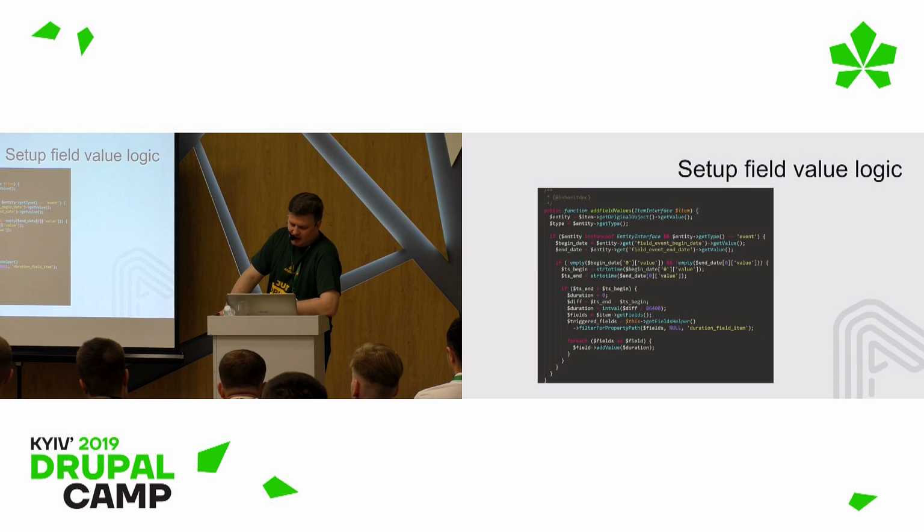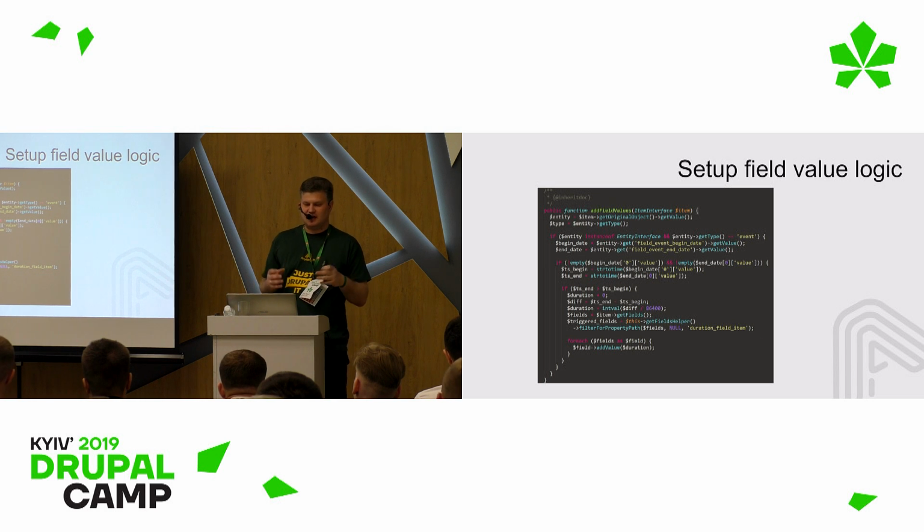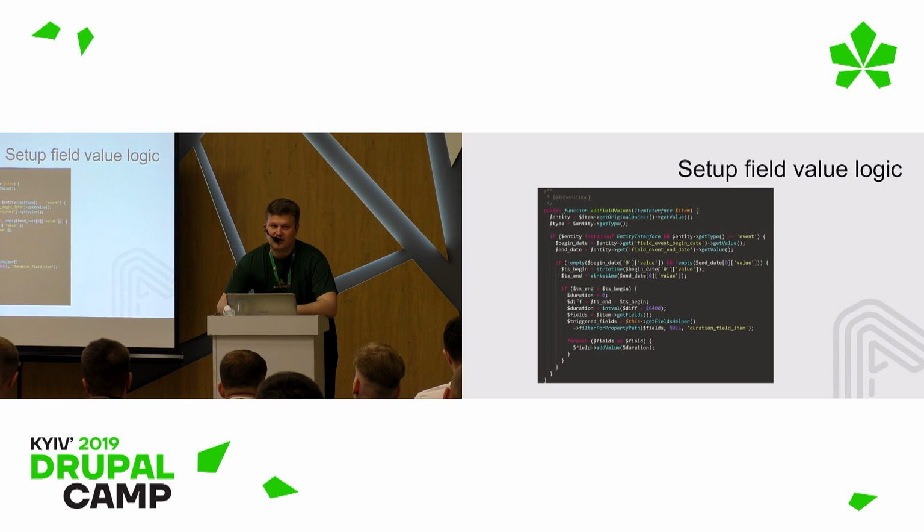As you see, first of all, we get the entity, we check the type of entity, and if it's a proper entity, we can start working with fields. For example, in the case of our task, we need to check if it is an event entity, and if begin date and end date fields are not empty, we can get their values.